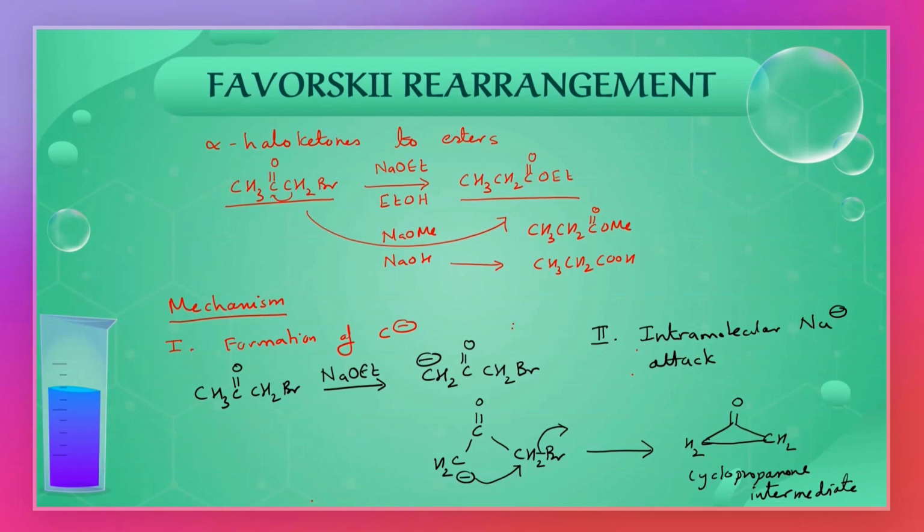Since I've taken the molecule such a way that I'm getting a symmetrical cyclopropanone. This point is very important because, I let you know, this symmetrical cyclopropanone, if I make it unsymmetrical, I'll be having totally changeover of the product.